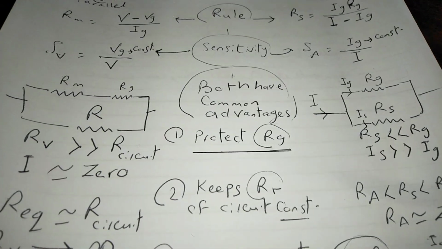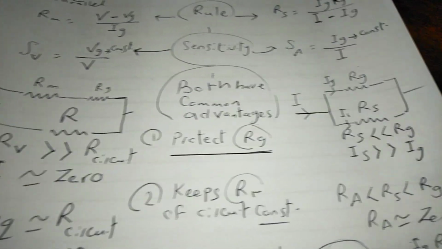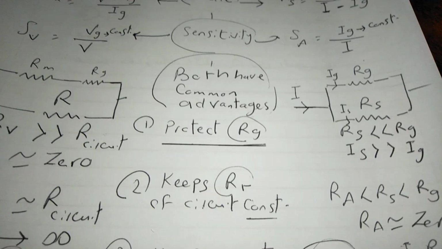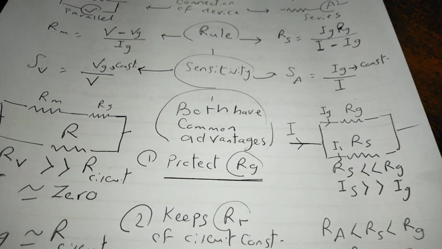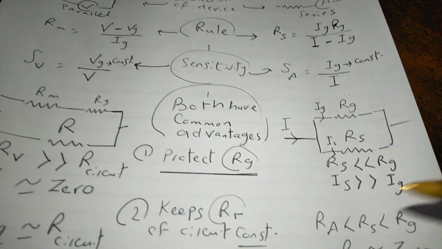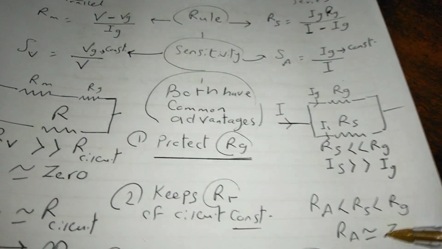Okay, let's move on to the second advantage of both, that they both keep the R total of the circuit constant. I mean, if a device has a resistance, it has to keep the circuit without a change, and that's why we know that R ammeter is nearly equal 0.